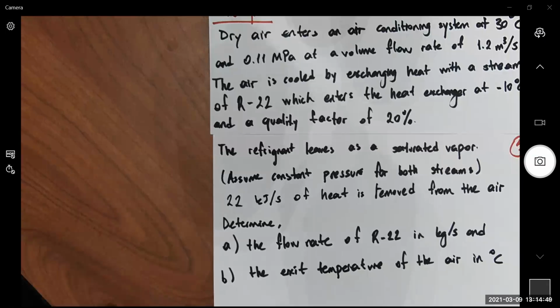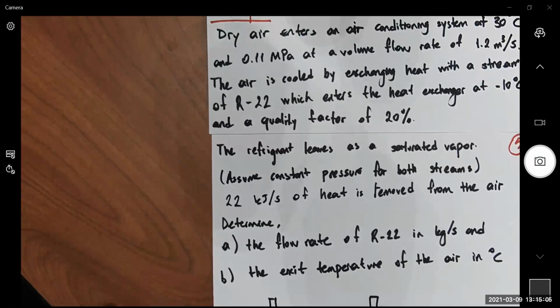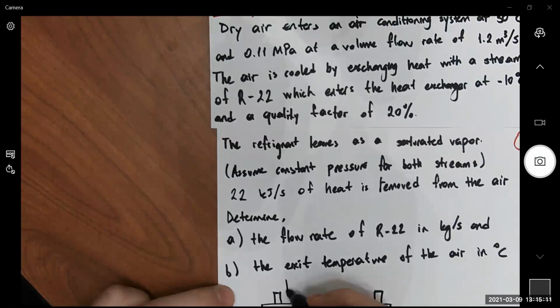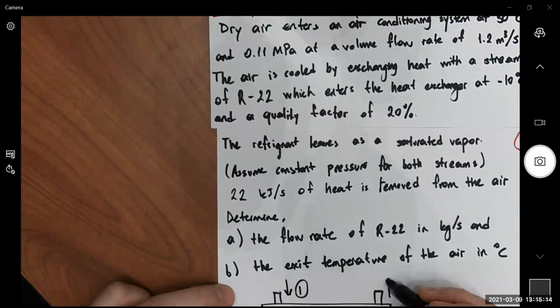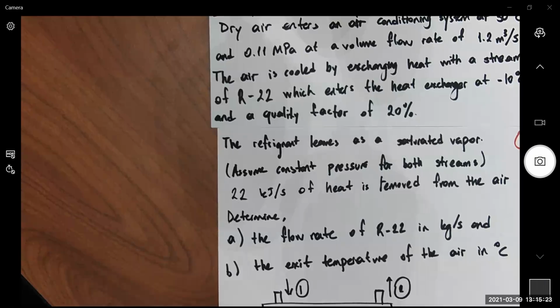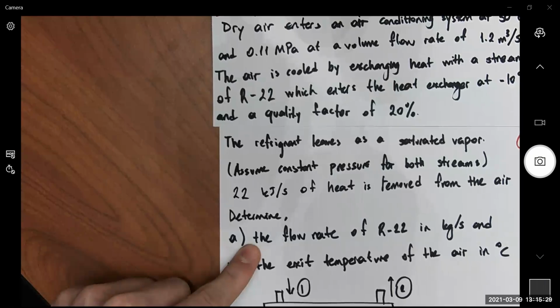Okay. We have a heat exchanger with one inlet, one outlet. Q is given, 22 kilojoules per second.